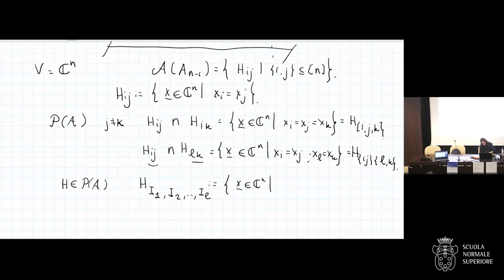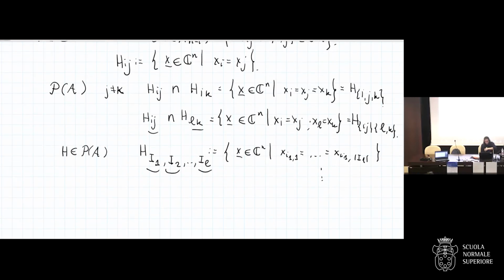And the constraint that holds for the elements of this H is that all the variables indexed over elements which are in I_1 are the same. And the same holds for every block appearing here. Now, this is the moment. Now we have a nice understanding of the elements that appear in this poset of intersections.